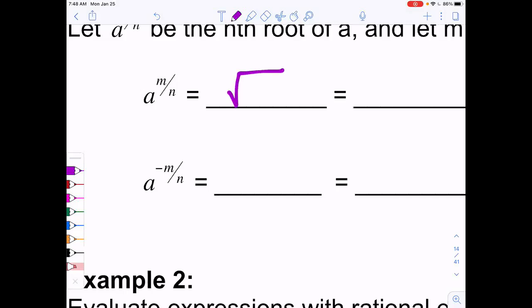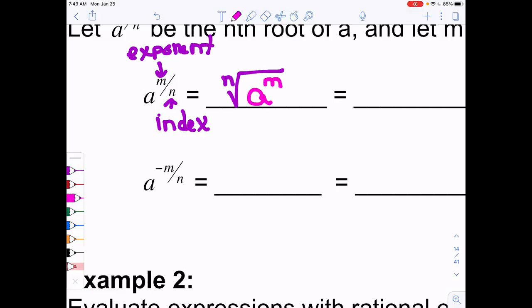We can change this back to a radical to help us simplify. The way it gets changed to a radical is by taking the index, which is the n, and placing it back on the radical. So the denominator is your index. So that n is our index. The numerator is going to be the exponent. So when I take that a and write it underneath, it has the exponent of m.